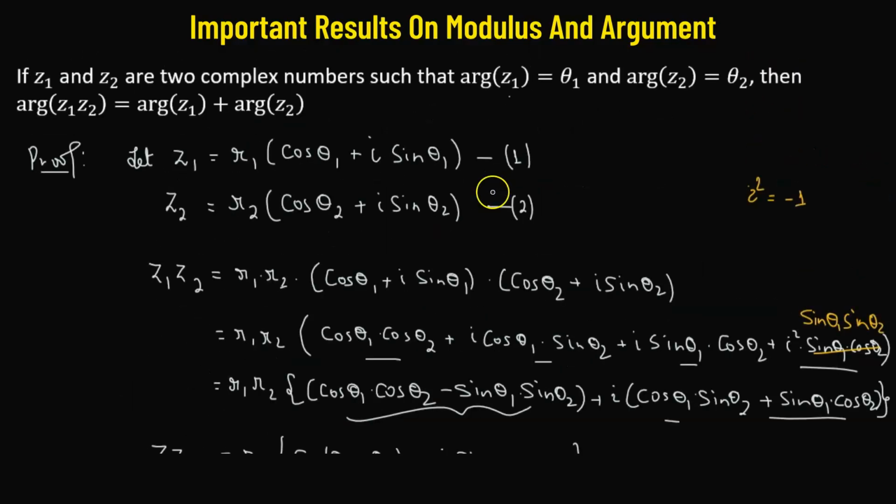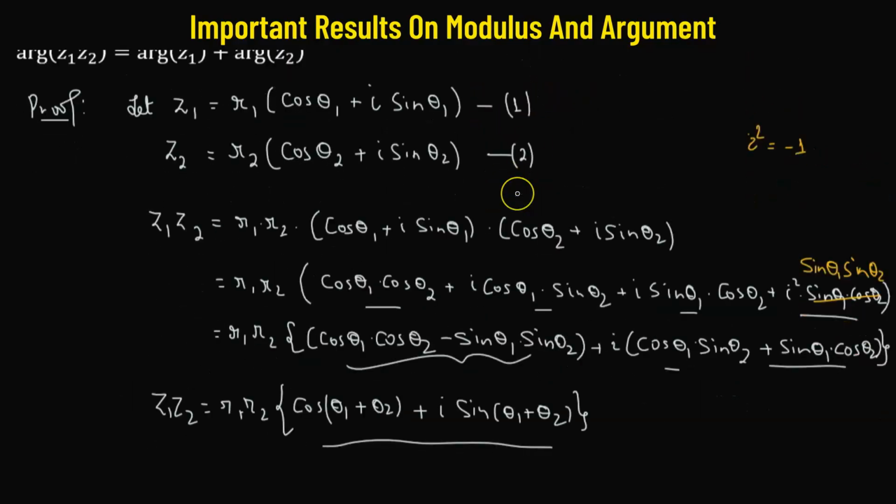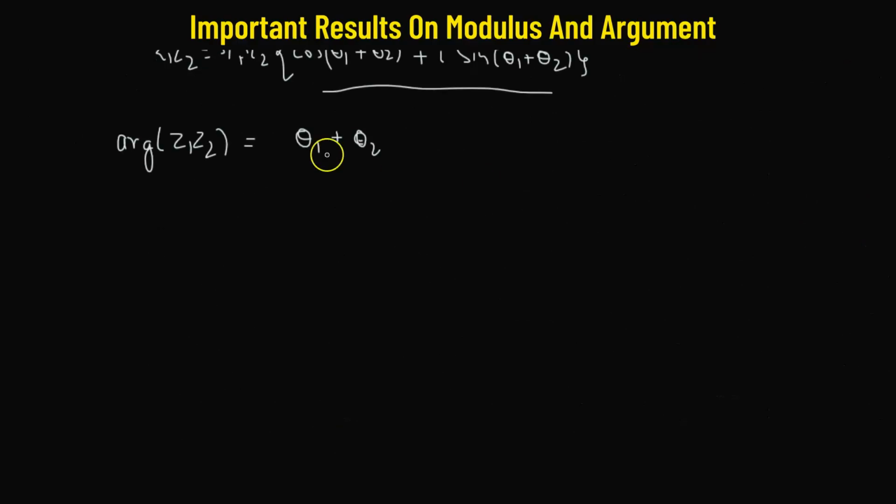As already provided in the problem, theta 1 is the argument of z1 and theta 2 is the argument of z2. So hence we have successfully shown that the argument of the product of two complex numbers z1 and z2 simply equals the sum of their arguments.